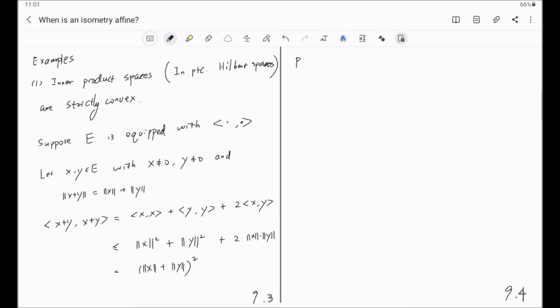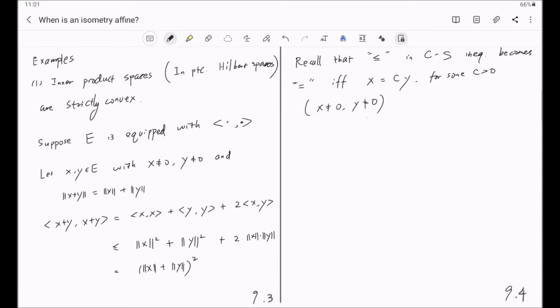Now recall that this inequality in the Cauchy-Schwarz inequality becomes equality if and only if x is a positive scalar multiple of y. Here we are using that x and y are non-zero.